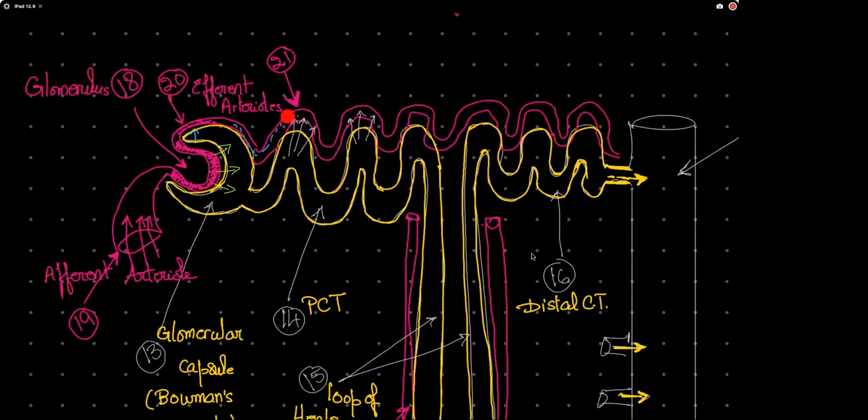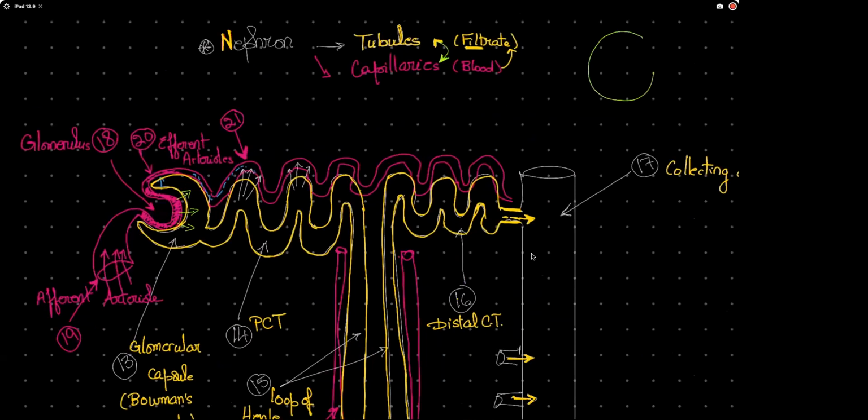So what would we call the capillaries around the tubules? Something around, remember? If I am asking about the circumference, which is the distance around a circle, we call it the perimeter. So peri means around.